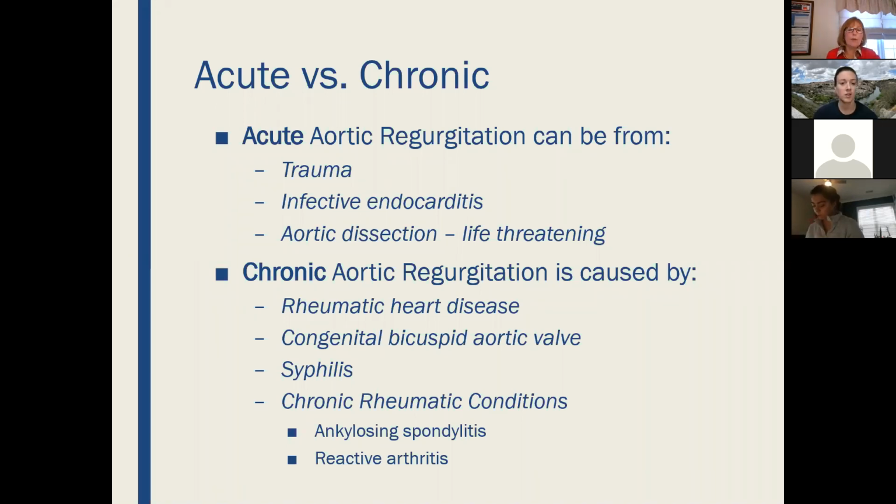So the chronic one, again, we're looking for this in a person who has a history of rheumatic heart disease. You'll see them less than we used to in the public. If you work in a coronary unit, you'll see them because they're going to come in with their chronic problems. Someone who's had a congenital issue, you can have bicuspid issues, anything that kids can be born with that structurally isn't right. They usually can't correct it completely, so it gives them problems down the road. People with syphilis.